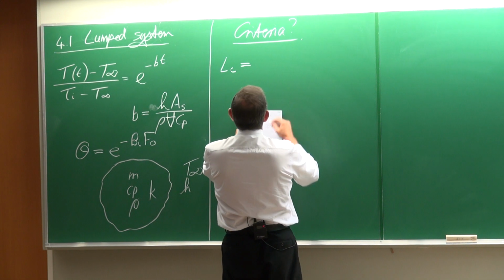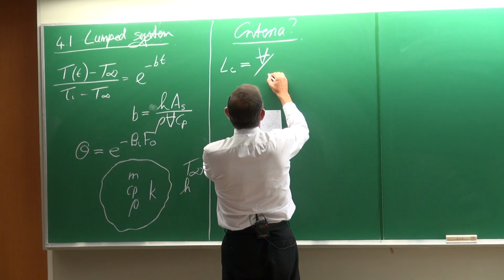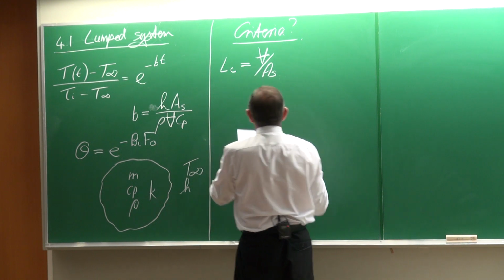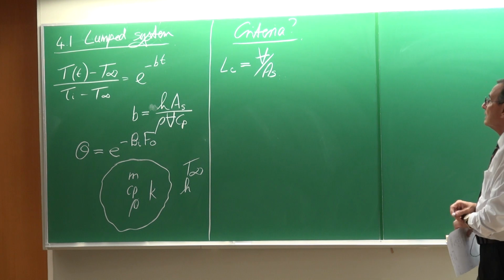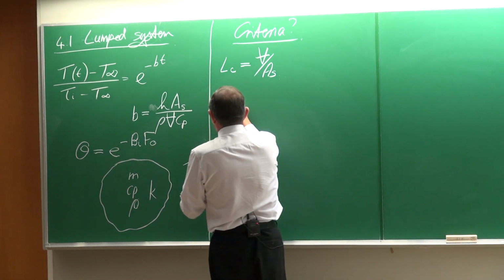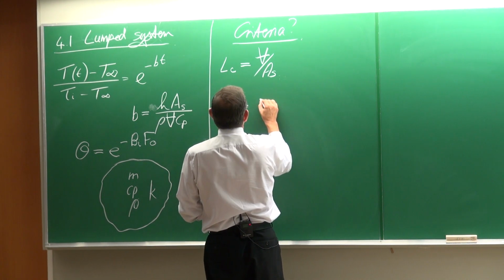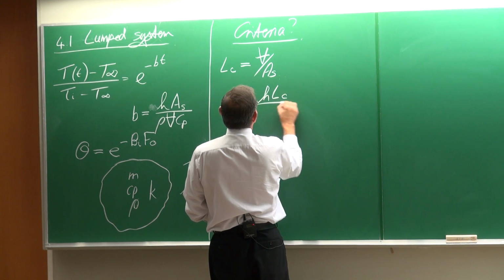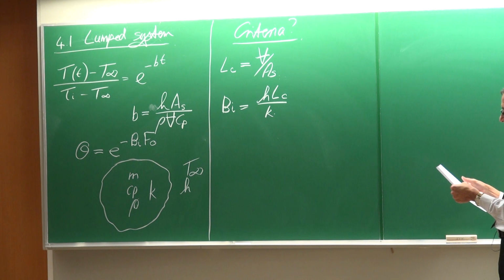We calculate the characteristic length as the volume divided by the surface area. And the Biot number is equal to the heat transfer coefficient multiplied by the characteristic length divided by the thermal conductivity k.